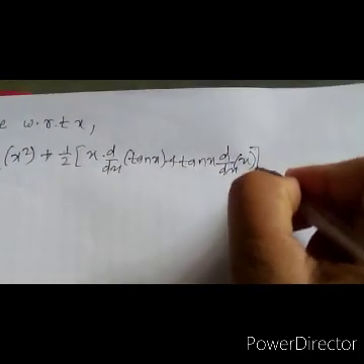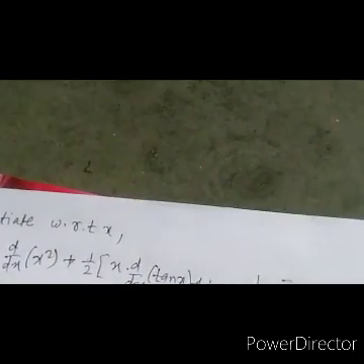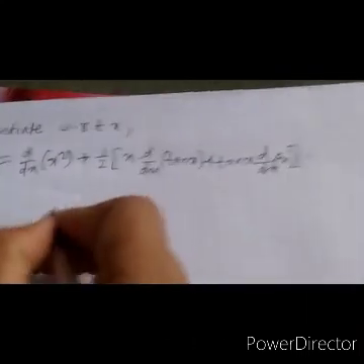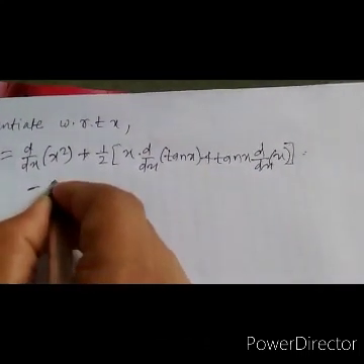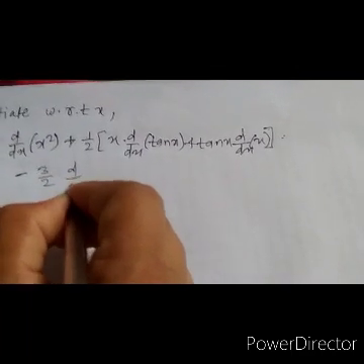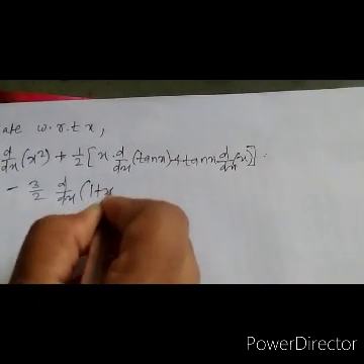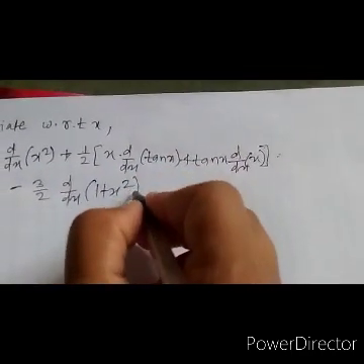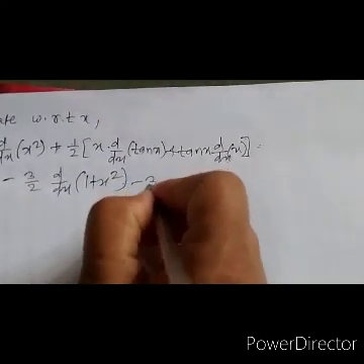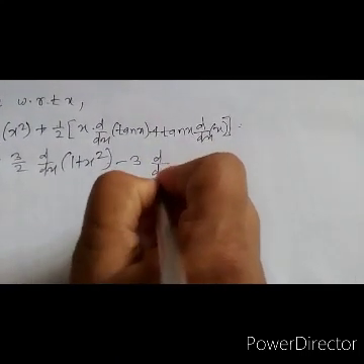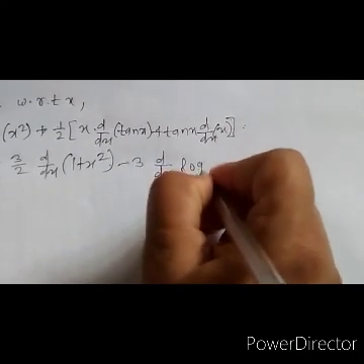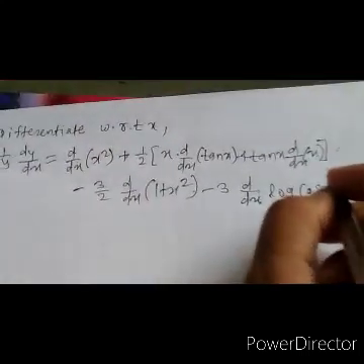Now minus 3 by 2 d by dx of (1 + x²), minus 3 is constant, d by dx of log of cos x.